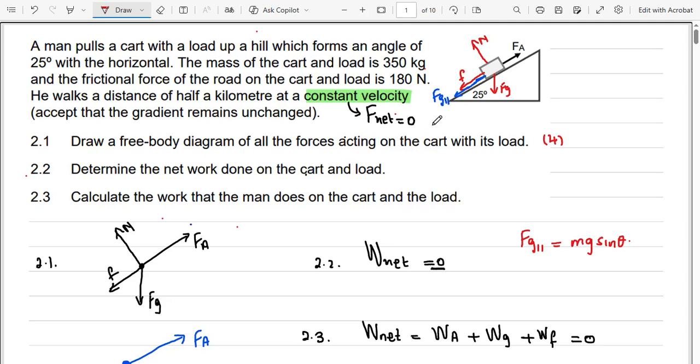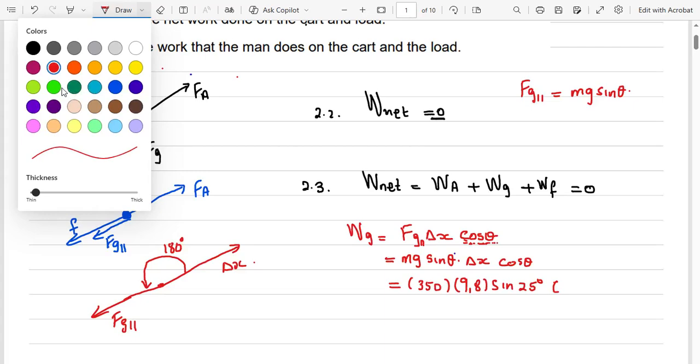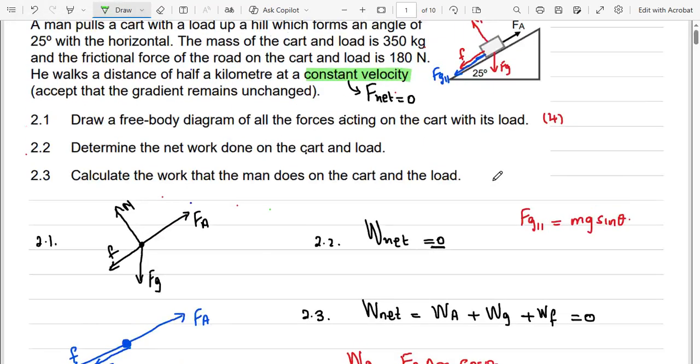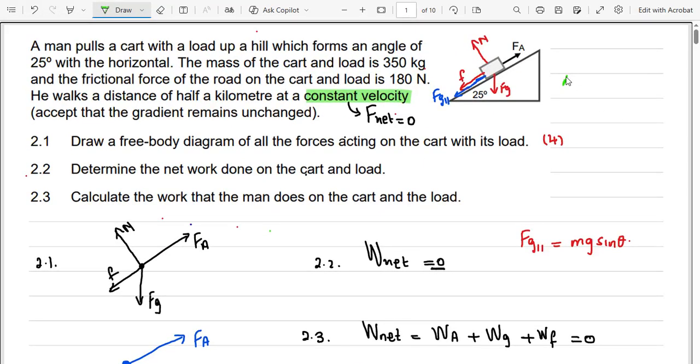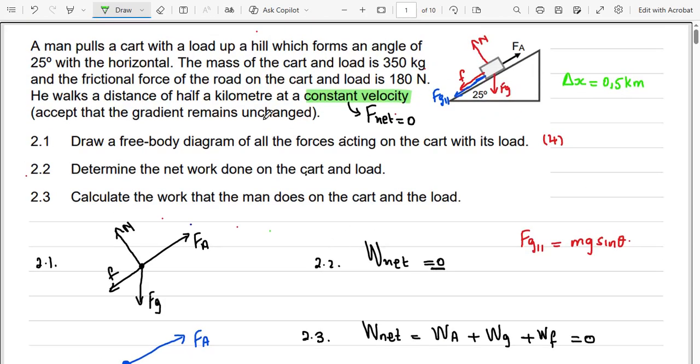Let me quickly work this thing down and see what we get. Okay, so apparently they say that this guy walks delta x, which is half a kilometer, which is 0.5 kilometer, right? Then we need to convert. Oh, this makes sense now, because remember, when we work with work, energy and power, the displacement should be in meters.